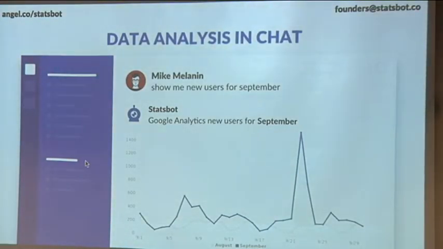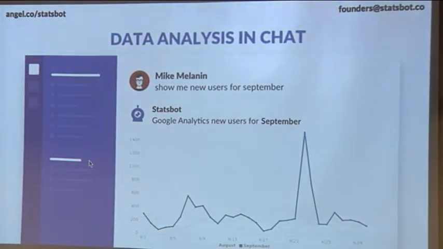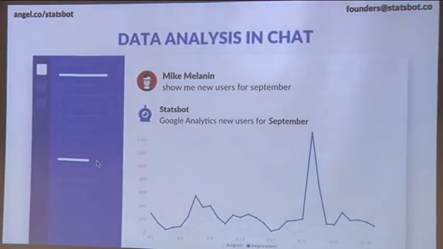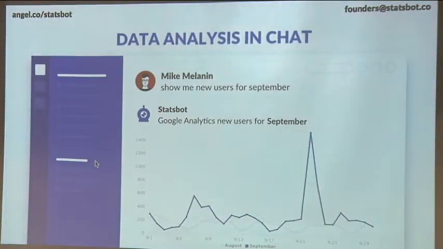Like 100 or 200 years ago, machines and robots automated factories; right now, bots are about to automate offices. So a lot of people want to give a command to a bot and just get it done. That's why we intentionally made StatsBot gender neutral, to emphasize the idea that it's a bot. It doesn't try to be a friend or something else. It's just a bot to help you be more productive and do your job better.